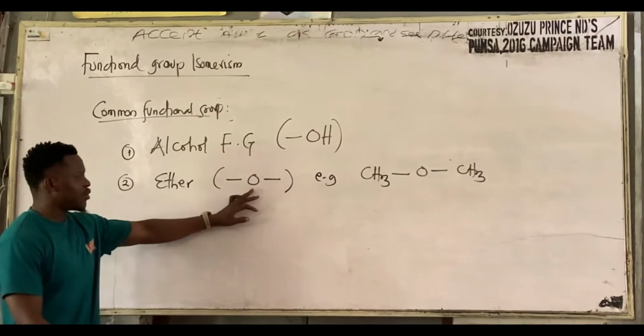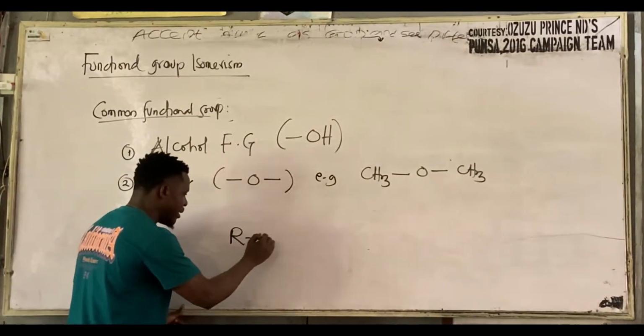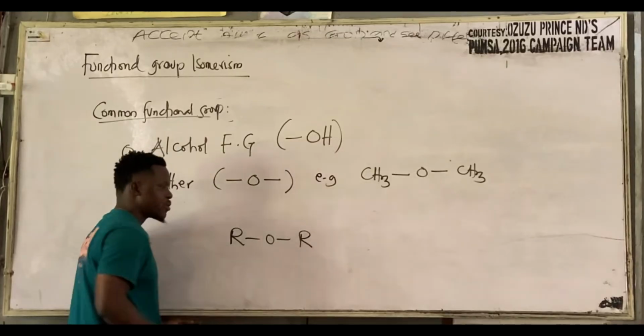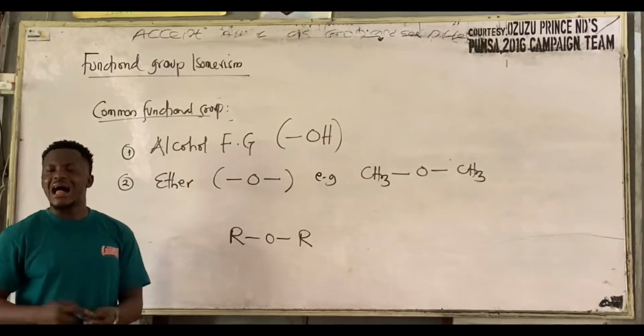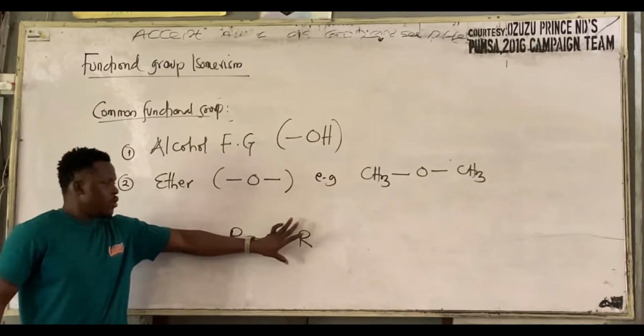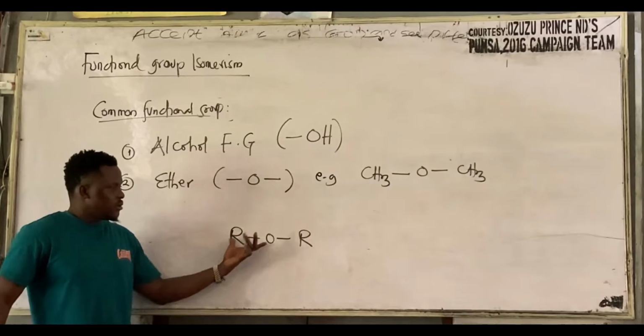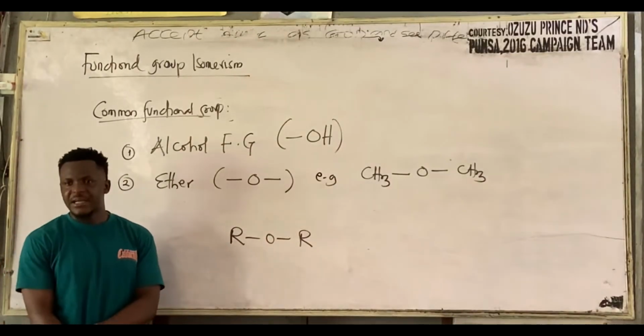So this is the functional group of ether. This is the general formula, where the two R's are alkyl groups. Right? So anytime you see an O in the middle being flanked on both sides by carbon, that is an ether.